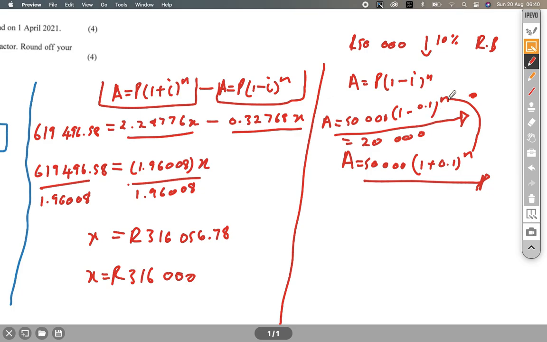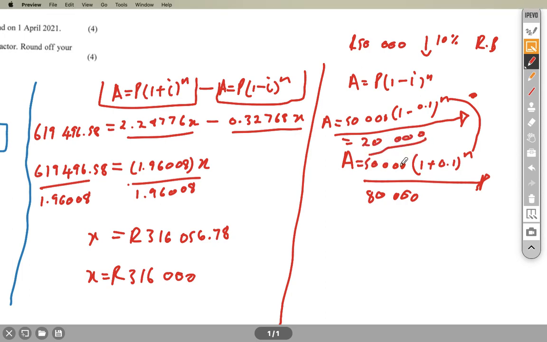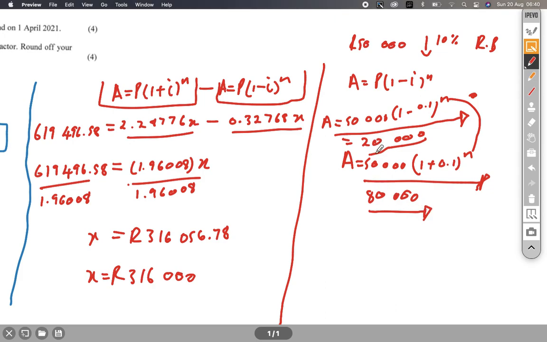So your car after n years is 20,000, and then this car after n years is, let's say, 80,000. So this means that if you sell your car, you will get 20,000, né? And then to buy a new car, it costs 80,000, but you have 20,000. So this means that you only need 60,000 to buy your new car.